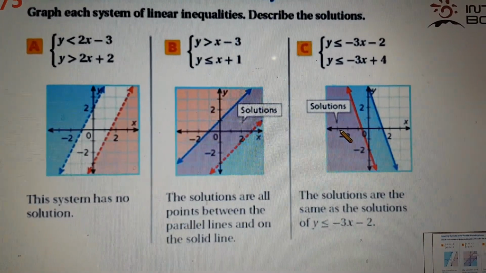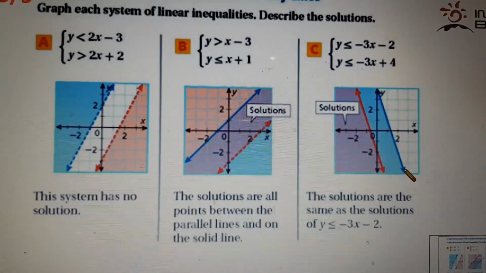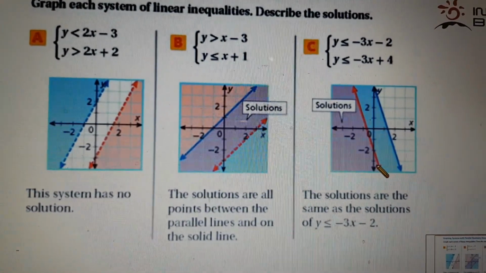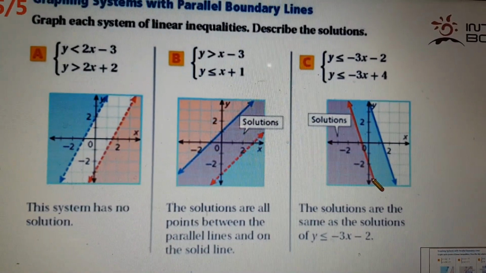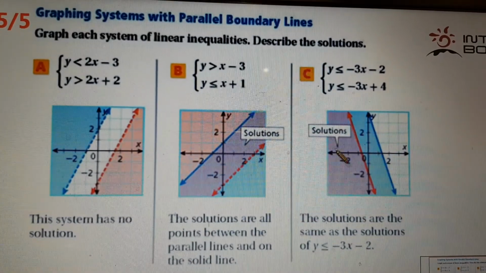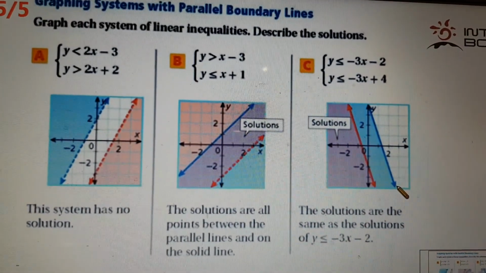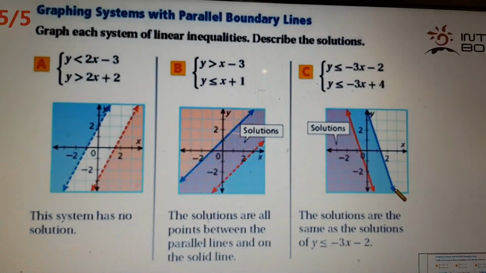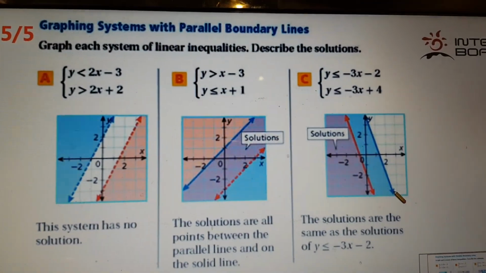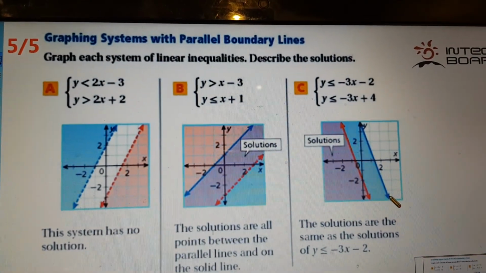So where are my solutions? Can you see? Because the red line is included. The red line here is included. So this area, for y less than or equal to negative 3x minus 2, is where I'll find my solutions. Here we make a revision on chapter number 5, lessons 4, 5, and 6.